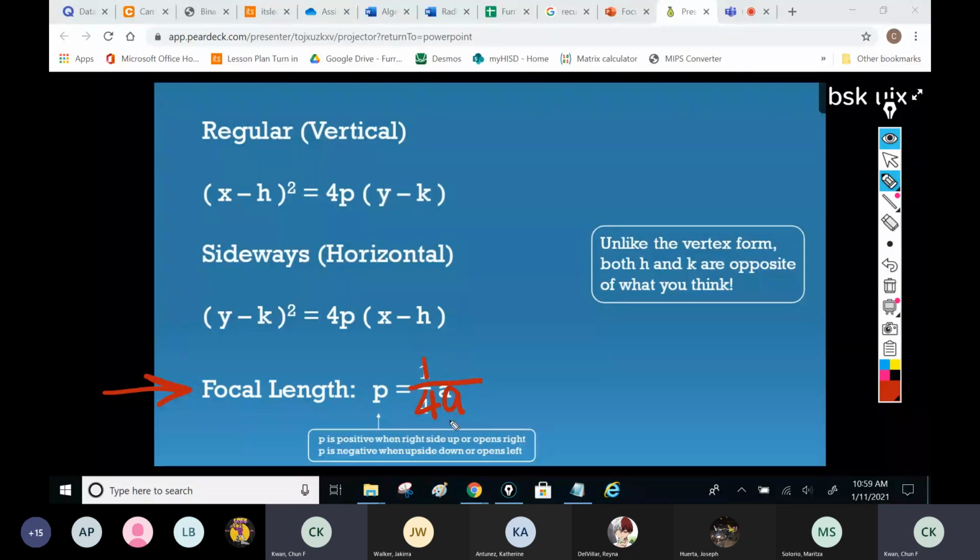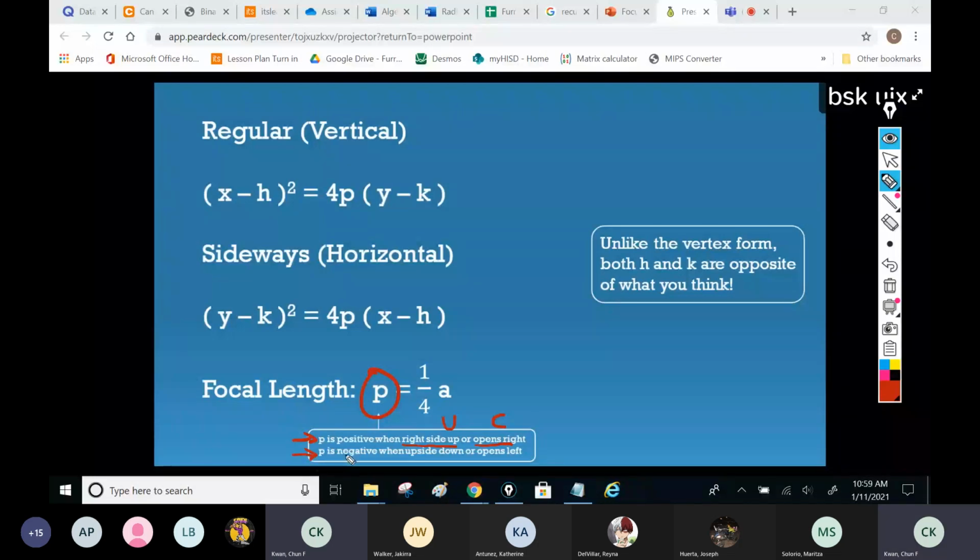And then p is positive when the graph is right side up or opens right. When this is right side up or opens to the right, p is positive.